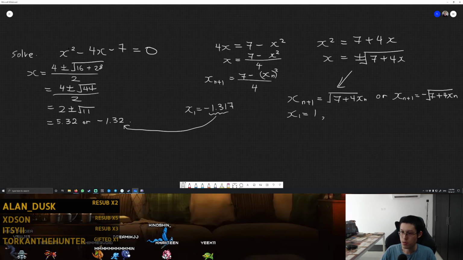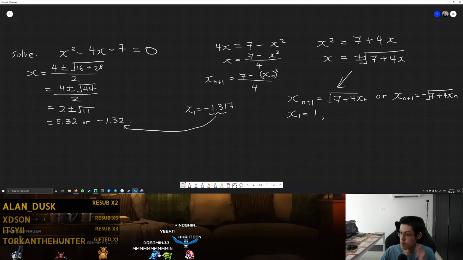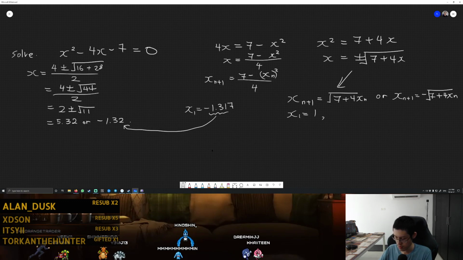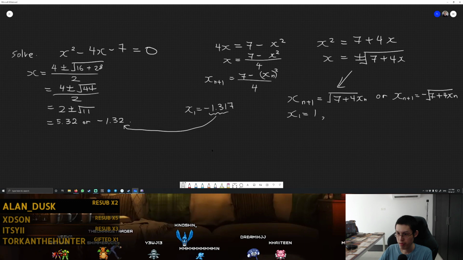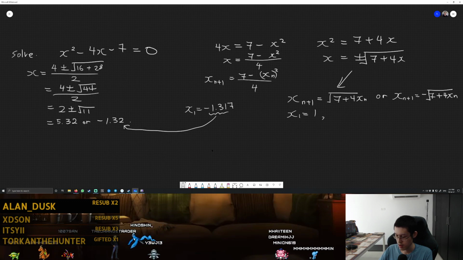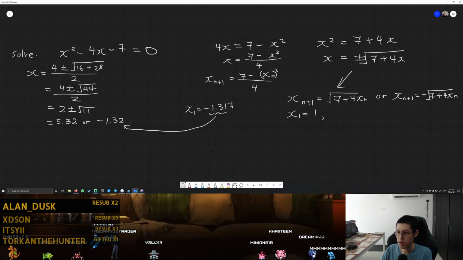So from the first one, what are we going to get? 7 plus 4 answer. The first one gives me root 11.